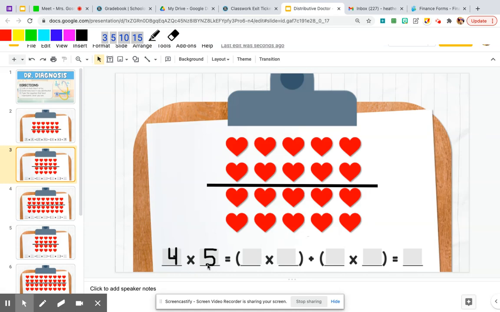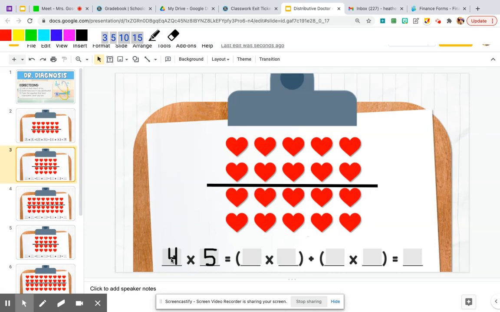Now, let's check this out. What number was split here? Was it the 4 that was split, or was it the 5 that was split? We have 4 rows, 5 columns. It was the 4. The 4 was split into 2 and 2 because 2 plus 2 equals 4.